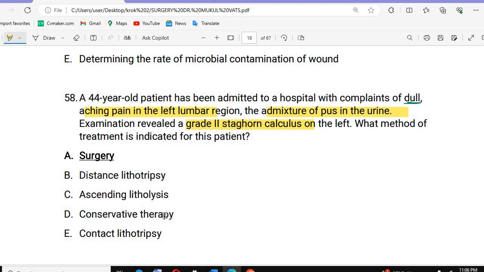Now, according to the staghorn calculus, you need to remember we divide these conditions into three grades: staghorn type 1, type 2, and type 3.